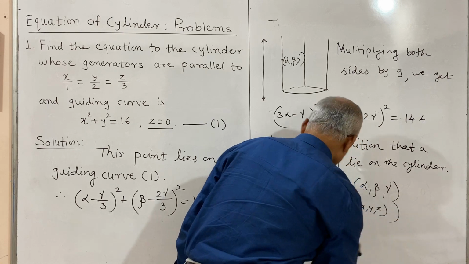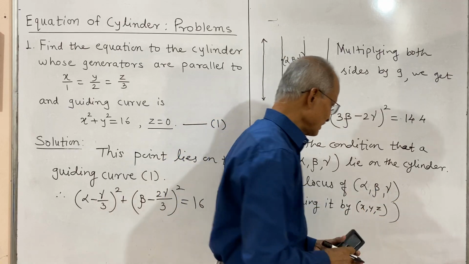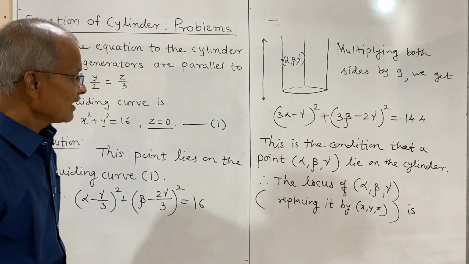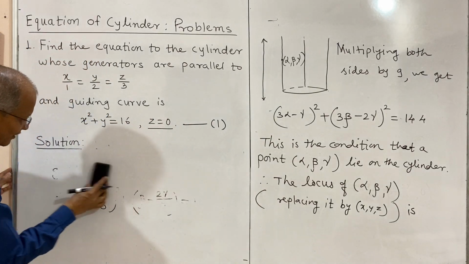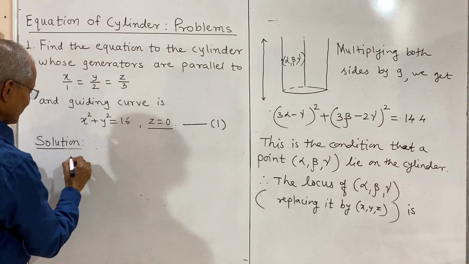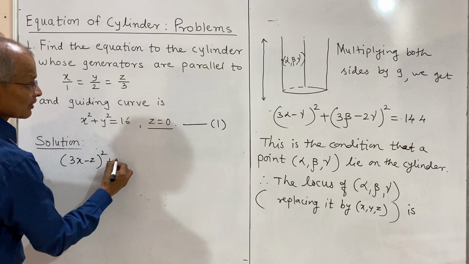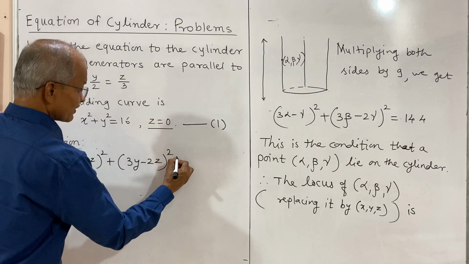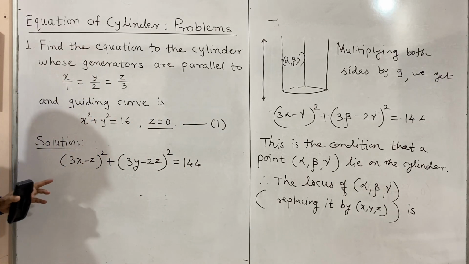So this is for our reference. The locus of alpha, beta, gamma is, and what is that locus? See, we replace alpha by x, beta by y, and gamma by z. So the equation will be (3x minus z) whole square plus (3y minus 2z) whole square is equal to 144. And we will simplify this.